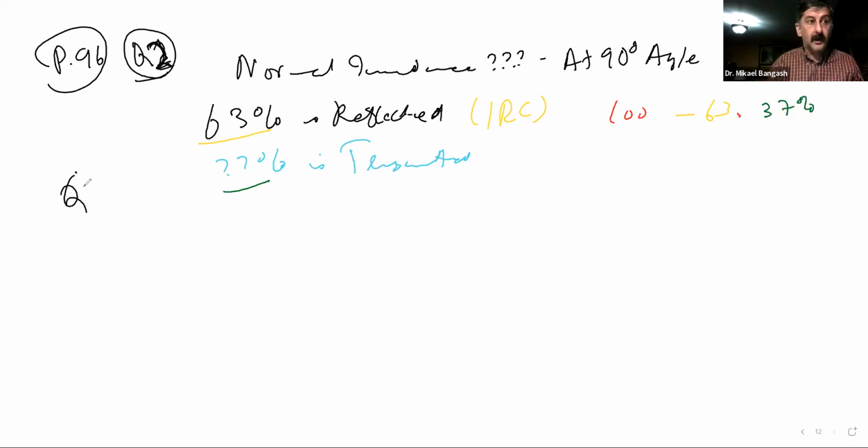Mainly because it gives you a giant reflection, that will mean there's going to be a great difference in the impedances between the two tissues. Did that make sense? Yeah.